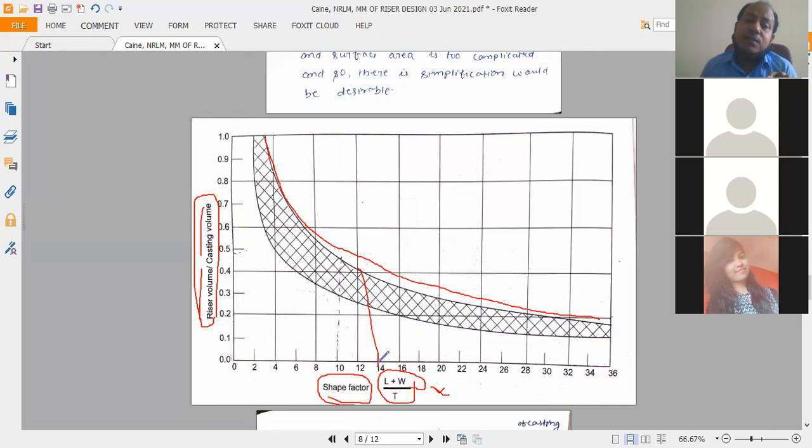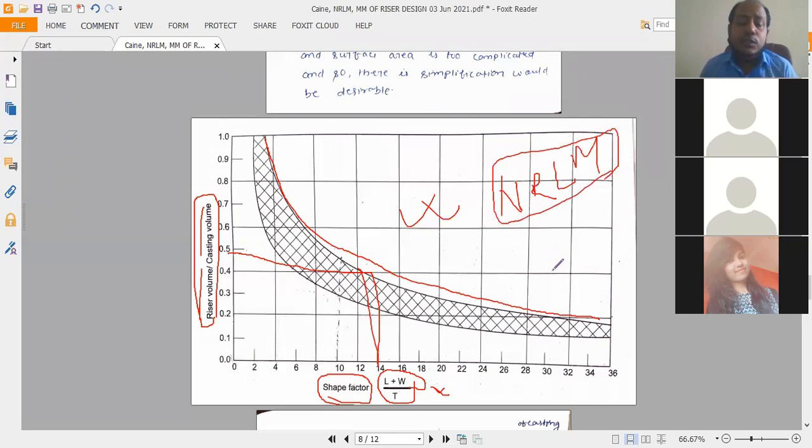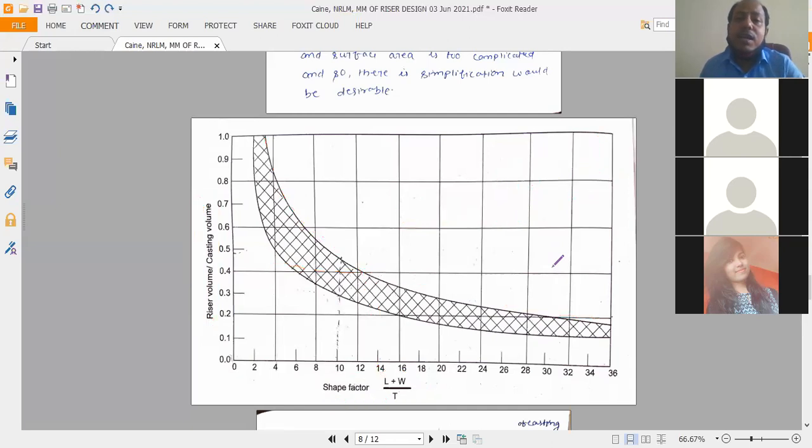If the shape factor is 14, then the corresponding riser volume by casting volume will be determined. So this chart is provided by the Naval Research Laboratory method. So you use this graph table, and the dimension of the riser can be easily determined.